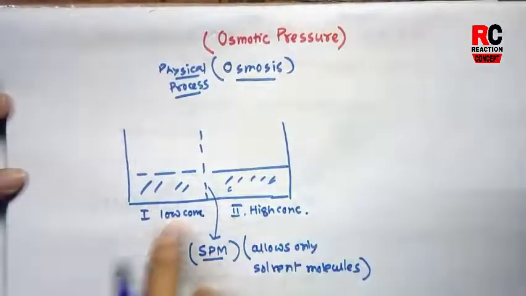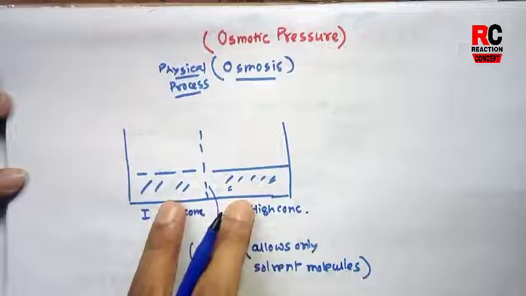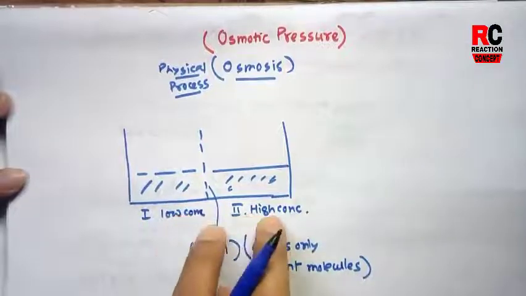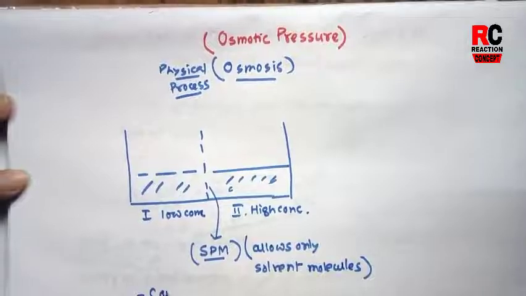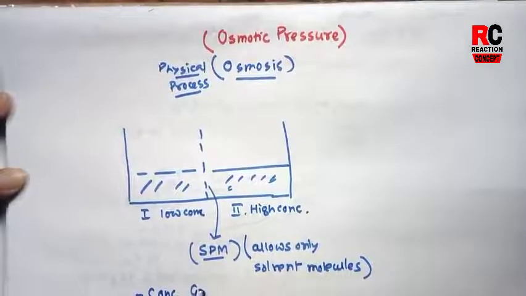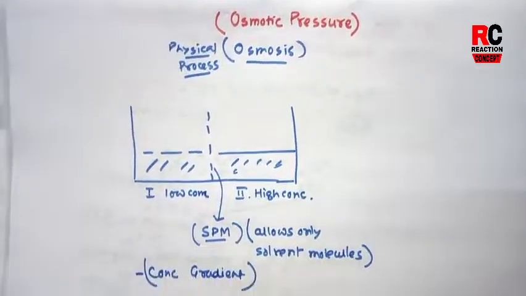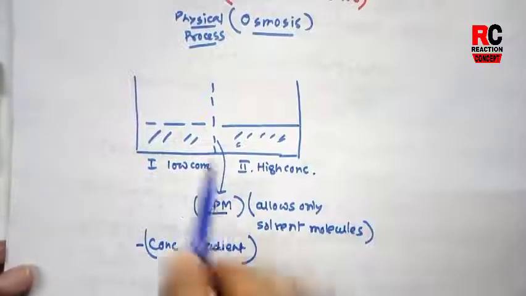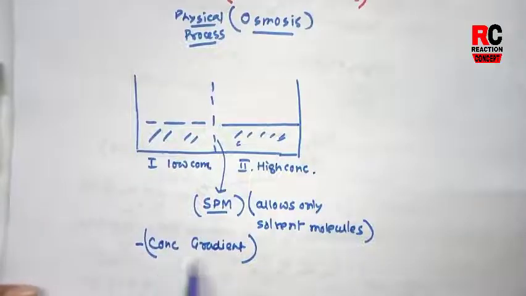So you see, this is a low concentration solution, it is a high concentration solution, and because of this concentration difference there will be a concentration gradient. Because of this concentration gradient, both of these solutions will try to nullify this concentration difference.